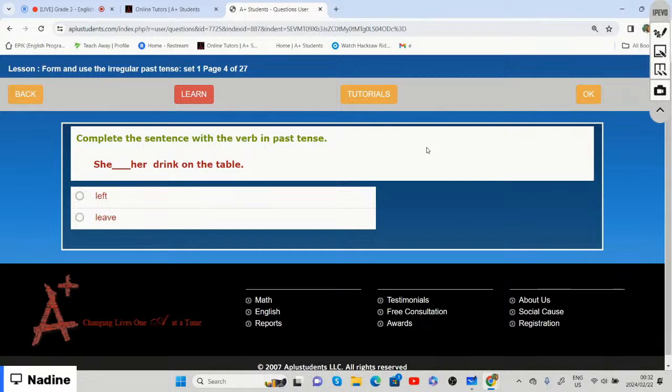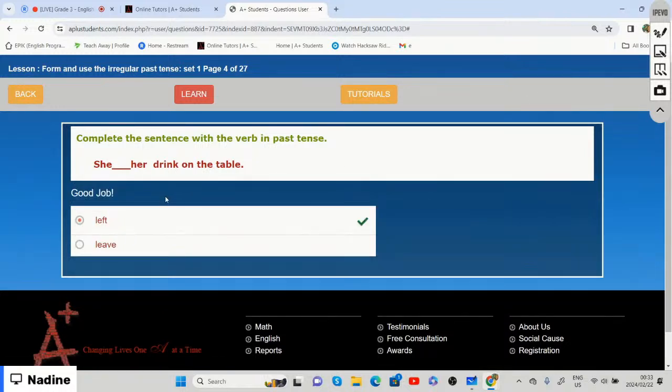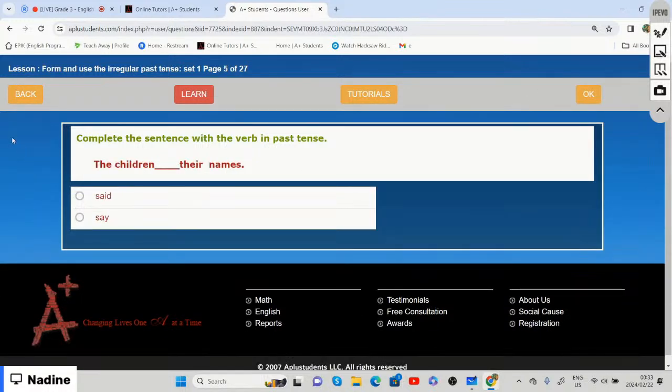And if we choose the correct irregular past tense verb, we're going to say that she left her drink at the table. So well done.